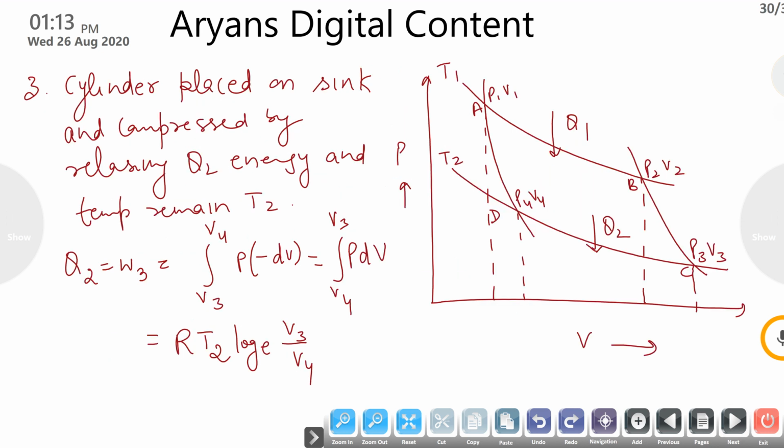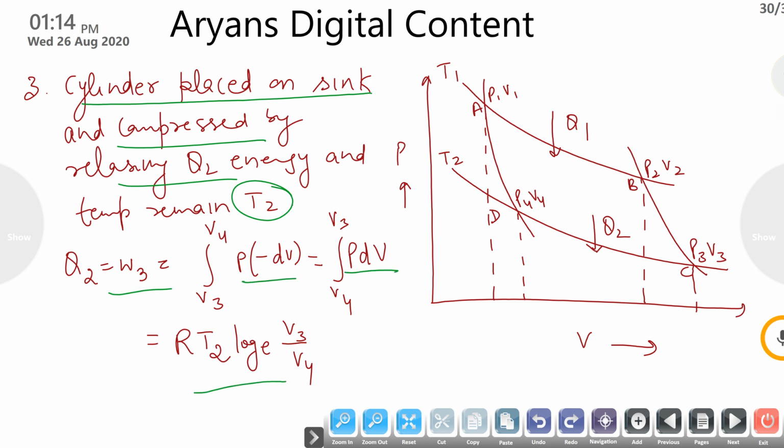In the third step, what will happen? The cylinder will be placed on the sink and the process will be isothermal because the sink has a temperature fixed at T2, and the work done is simply PdV, and this minus sign shows that now the volume is decreasing. So to compensate this negative sign, I simply change the limits of this integration, so that you have no doubt. This negative sign is removed by interchanging the integration limits.